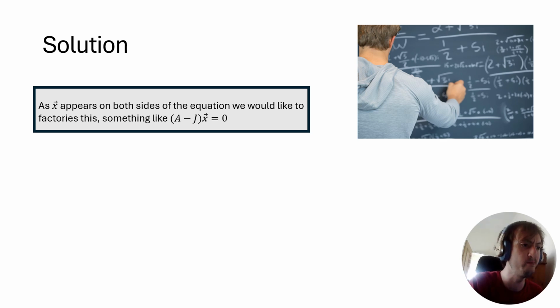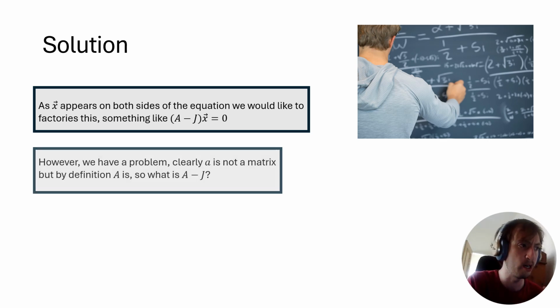However, there's an immediate problem with interpreting what this means and trying to solve it. And that's that A is a matrix, j is an eigenvalue, so it's a number. For all purposes, it's always going to be a real number.